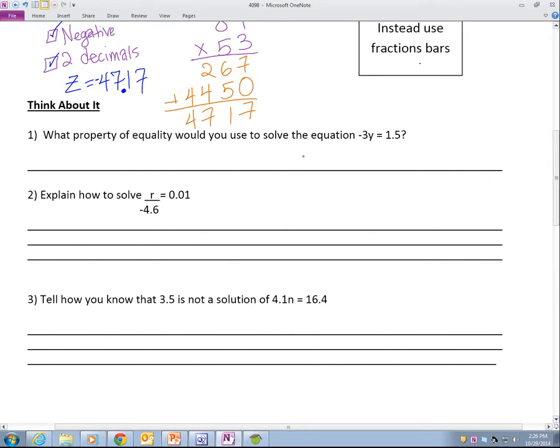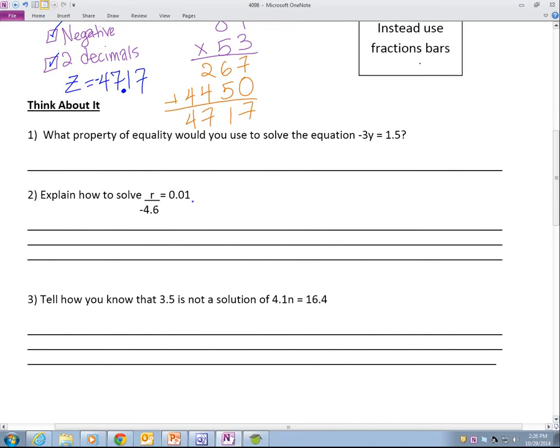And then he multiplied negative 4.6 times 0.01, which would give him negative 0.0046. I had that in my head because whenever the decimal point is just moved over, you move it over twice. Okay, that's number sense.